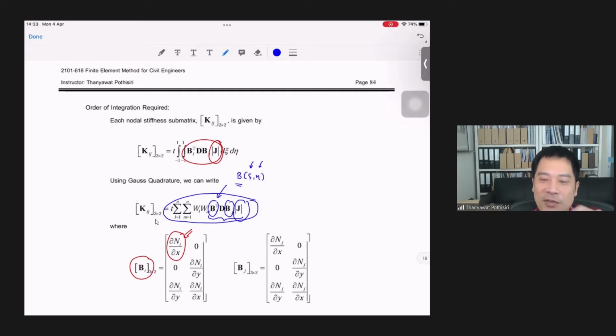For example, if you have a 2x2 point scheme, you do this computation 4 times, and then you obtain the element stiffness matrix.